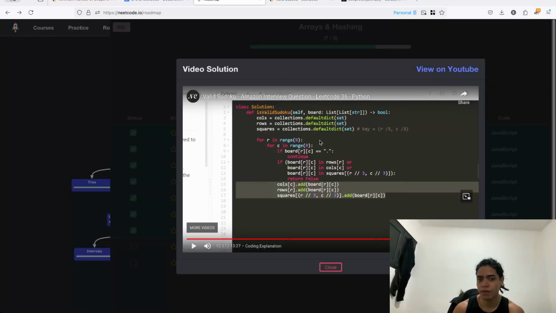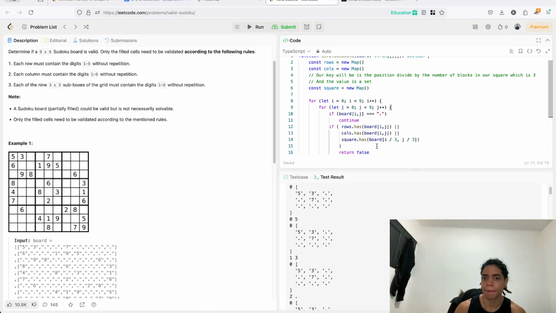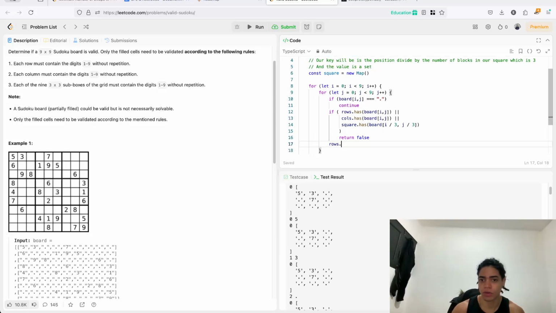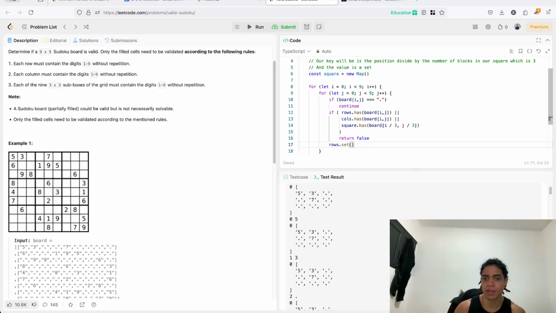The key will be the row, exactly. The row at the key will be the row, which is the first, this is the column, and then this is the row. The column and the row index.